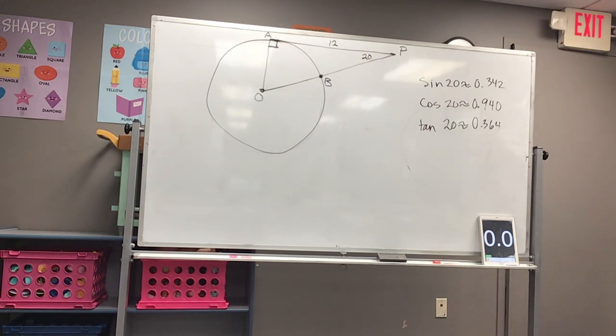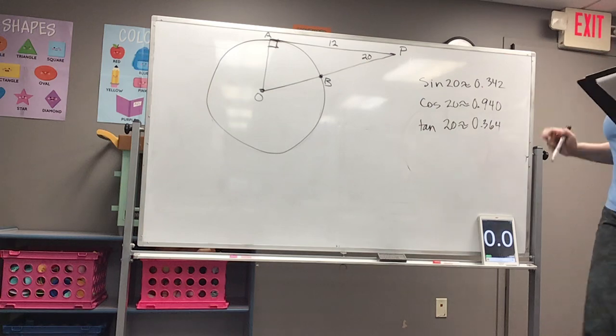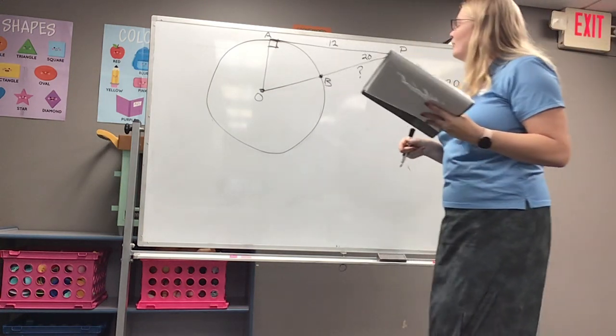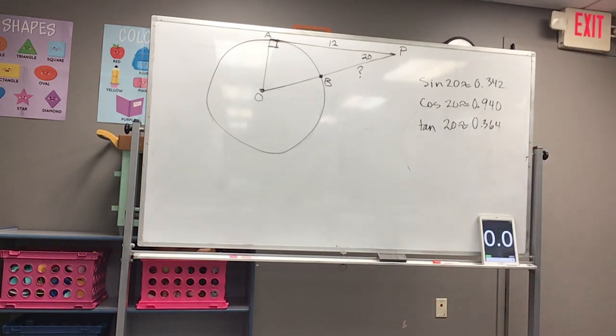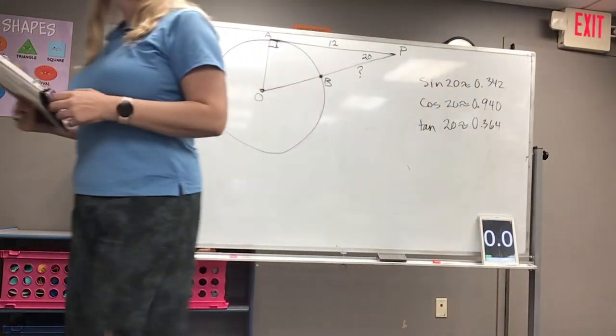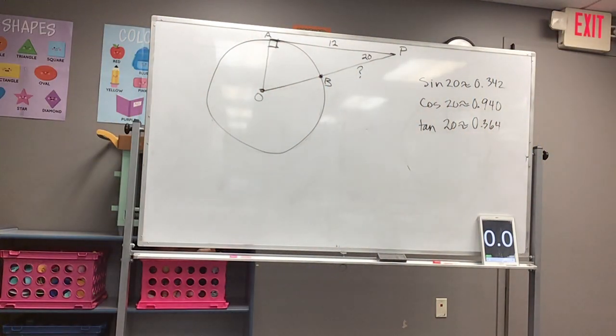So that is something to be aware of if you see this type of problem. So finally, you are asked to find the distance from P to B. Your hint is that you should find the radius.